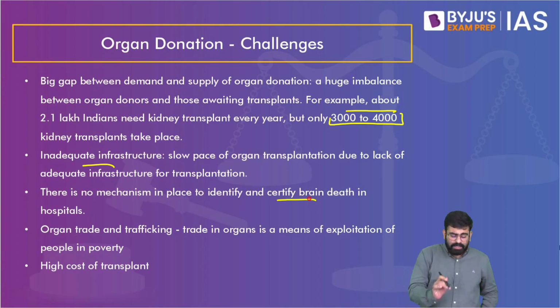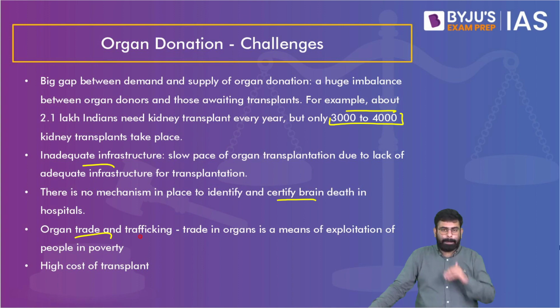Okay. Then, because of this organ donation not happening in good numbers, you find organ trade and trafficking becoming widespread. And you find that it is not just with their consent, because at times people, because of various economic factors, agree to this. And you'll find a lot of cases where it has become a commercial thing, right?